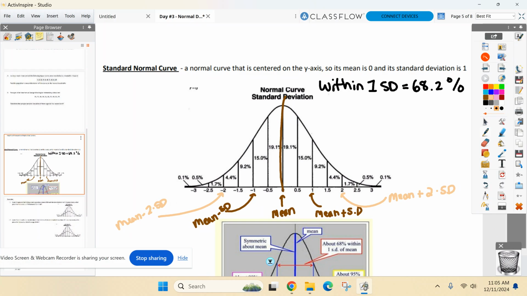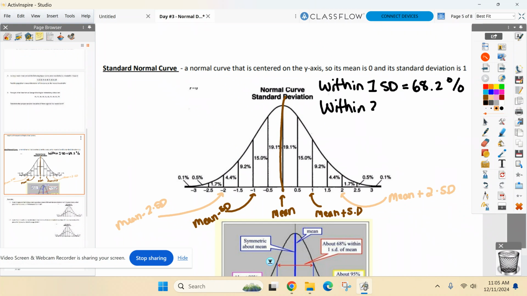One last thing I need you to do, please, in your calculator. What percent of scores are within 2 standard deviations? Add those percents up because I need you to know that number. What percent of scores are within 2?